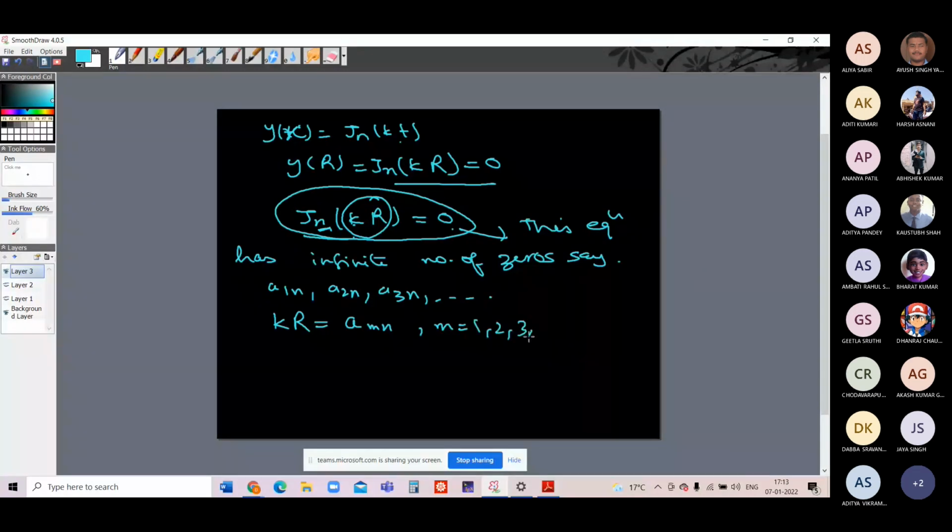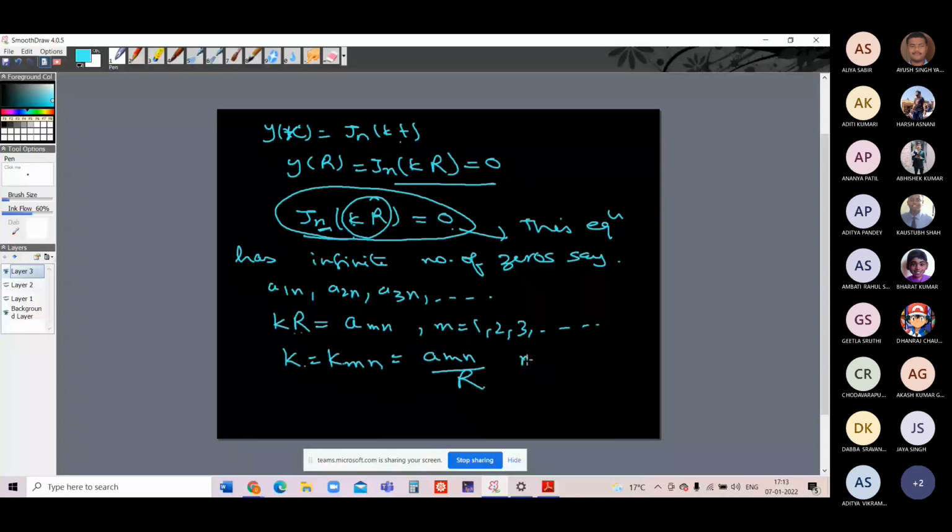It means that k can be written as kmn. From here find the value of k for which this Jn will be 0. It will be 0 for k equal to amn upon r. So here m is 1, 2, 3 and so on.